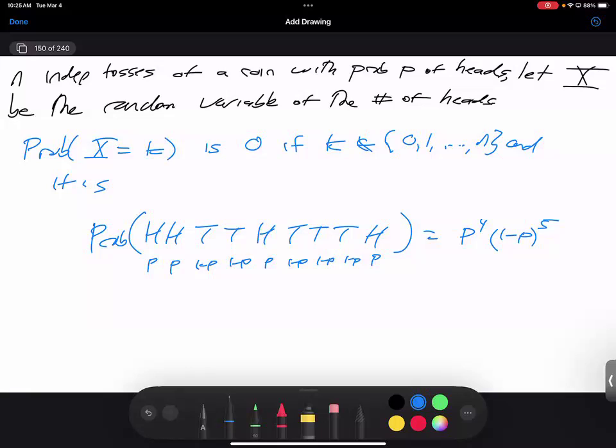But of course, there are other ways to get 4 heads in 9 tosses. How many ways are there to get 4 heads in 9 tosses? 9 choose 4. And in general, if I have n tosses and I want k heads, how many ways can I choose k of the n? What do you think it would be? It would just be n choose k.